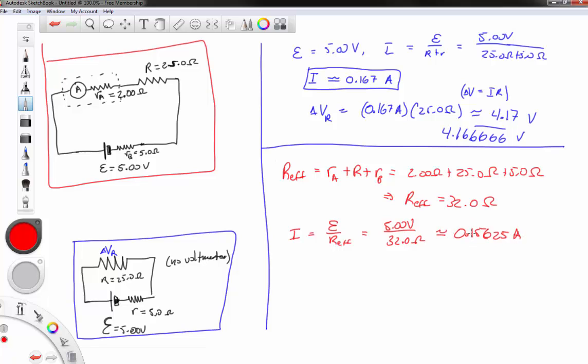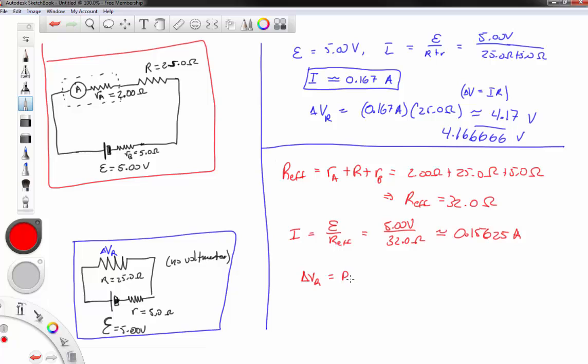So again, you can see that this is a bit smaller of a current than what we have up here. This was 0.16 repeating. Here's 0.156.